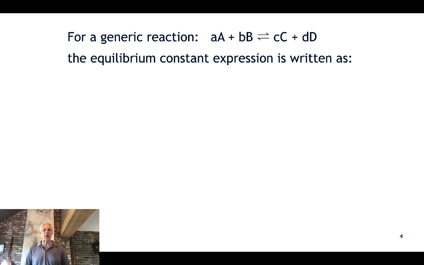Now let's expand our reaction a little bit, and let's get a bigger, more generic reaction. So we have aA plus bB goes to cC plus dD. Just like we had for our kinetics example, the capital letters are our reactants and products, and our lowercase letters are our stoichiometric coefficients. Now, what we couldn't do with our rate laws, we can do with our equilibrium constant expressions.